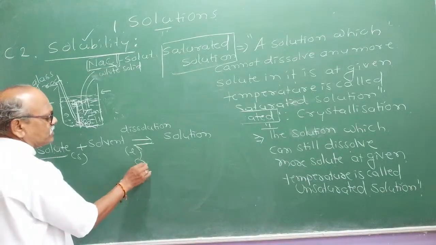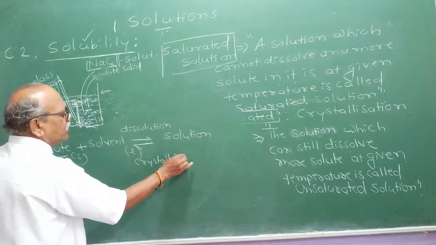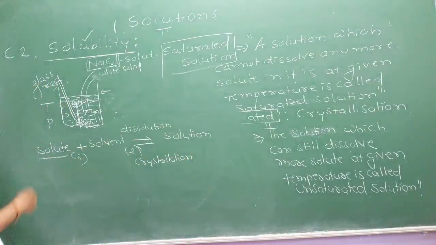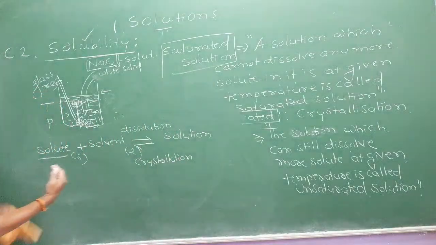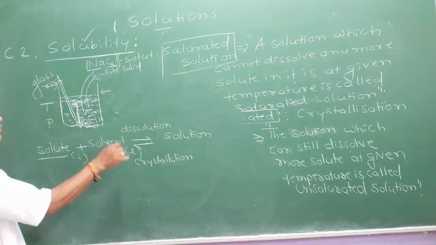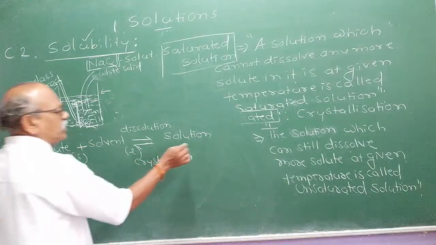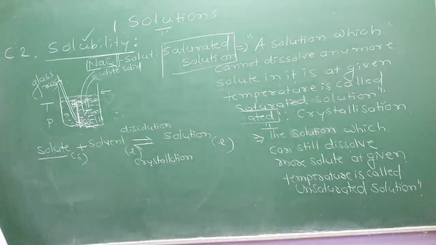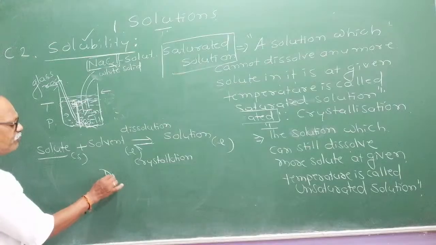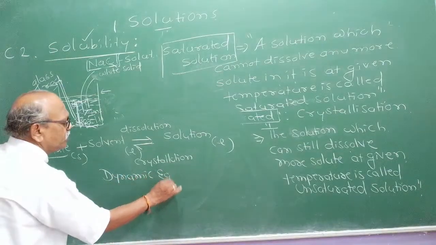This process is called crystallization. At a particular stage, both dissolution and crystallization take place at the same rate. Then we say that the solution, which is in the liquid state because the solvent is liquid, is in a dynamic equilibrium.